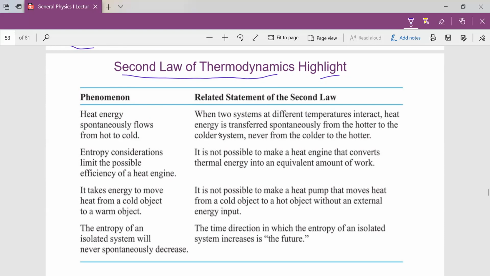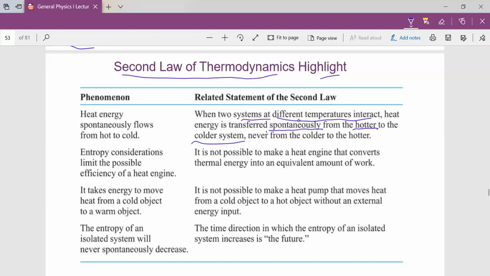Now, the second law describes that when two systems at different temperatures interact, as we saw in the hot and cold bus, heat energy is transferred, note the word, spontaneously from the hotter to the cooler system. It never goes in reverse. It is not going to go from the cooler to the hotter.